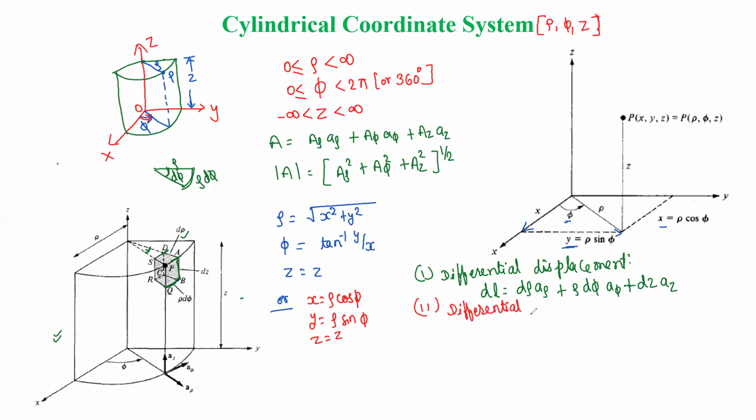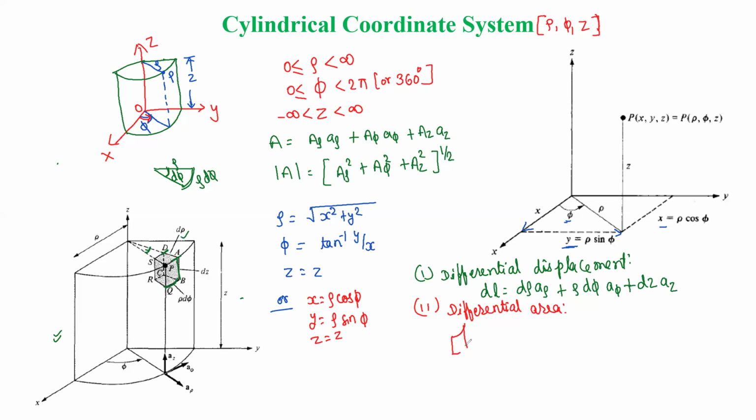Next we have the differential area. The area vector is always perpendicular to the surface, so you can consider different situations. Suppose we consider a diagram with this arc and this vertical length.